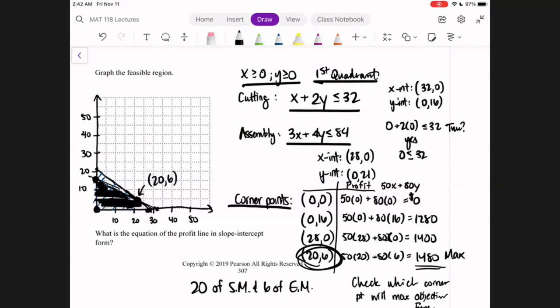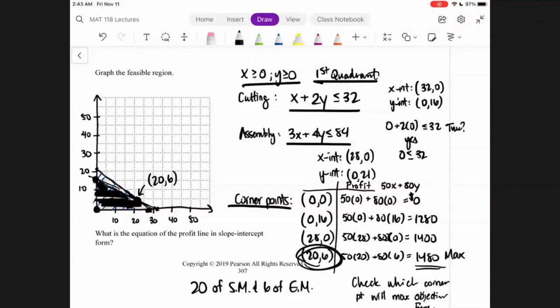Because if you're dealing with a min, it might be one of the points on the intercept, as in on the x-axis or y-axis. And typically when you have a minimum, you're not going to have the origin as one of your corner points if you're looking to minimize something like the cost, okay?